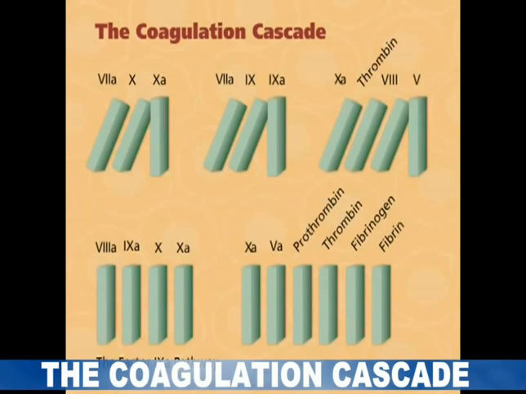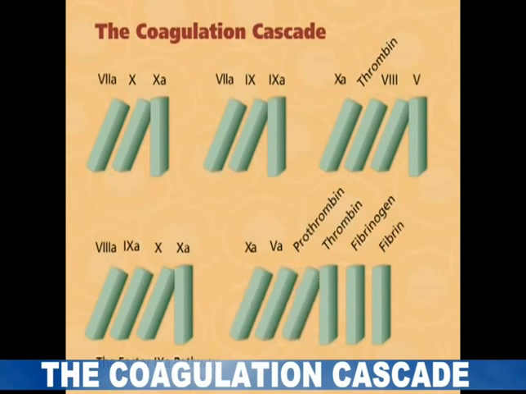Factor 8A increases the capacity of factor 9A to activate factor 10 to 10A many thousand times. The increased factor 10A produced in this way, along with its own cofactor activated 5A, forms a complex that promotes the efficient conversion of prothrombin to thrombin.